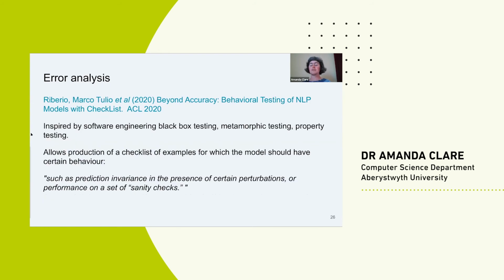And then from software engineering, we have inspiration. So this is a paper in 2020 in ACL, which is the Association of Computational Linguistics. So this is in the natural language processing text analysis field, where they are suggesting that they are inspired by software engineering black box testing and what's known as metamorphic testing, which is an advancement on property-based testing.